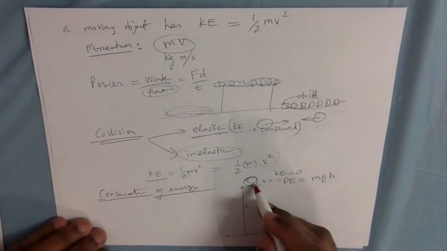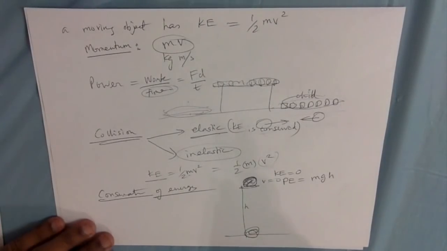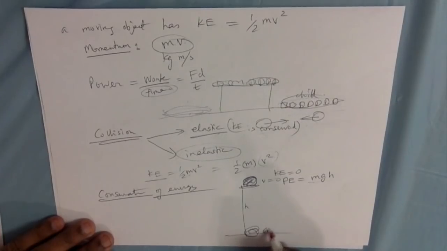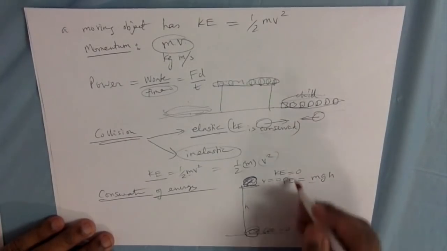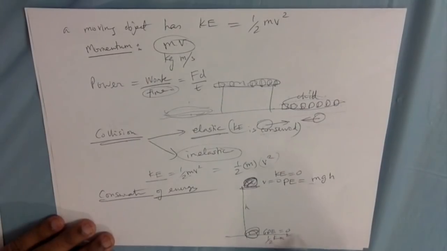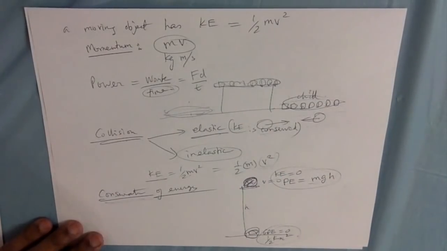When the basketball falls from there to here, it is losing the GPE. So GPE here becomes 0, and it is gaining kinetic energy, half mv squared. The sum of these two should be equal to the sum of these two. That is how conservation works.